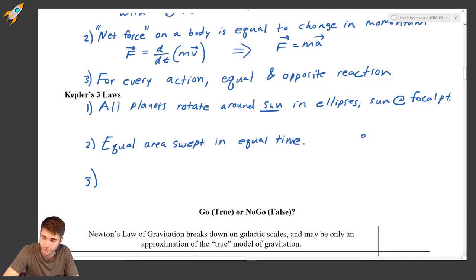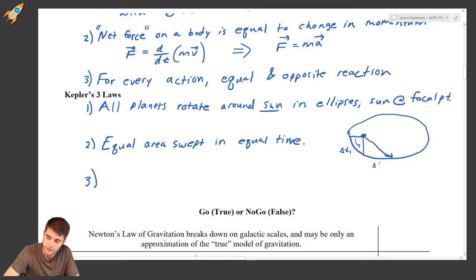If you've got an orbit, if you've got a planet, and from time 1 to time 2, delta t1, you sweep out this much space, and then from delta t1 to delta t2, you sweep out this much space. If these times are equal, then the total area under the orbit right here will also be equal. That's his second law.